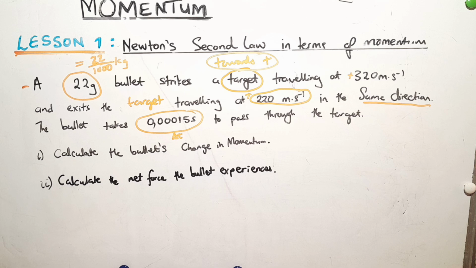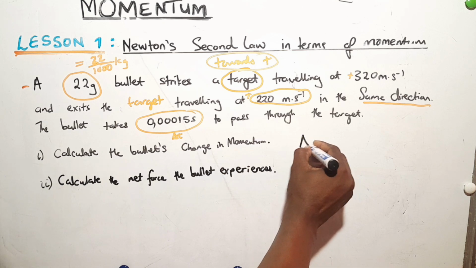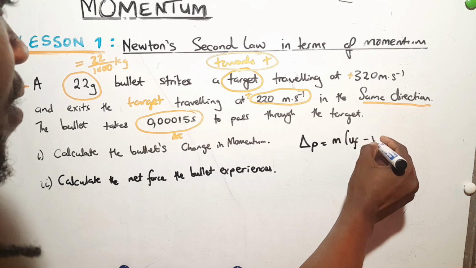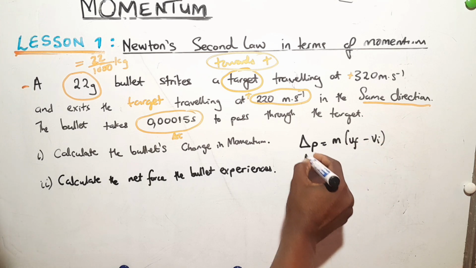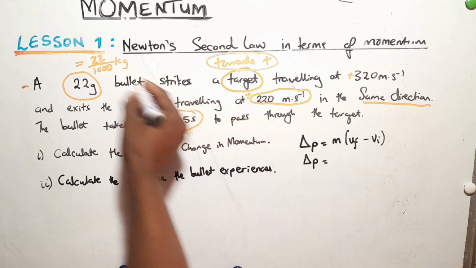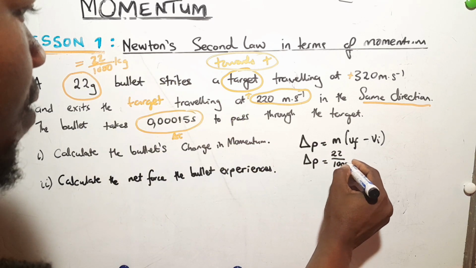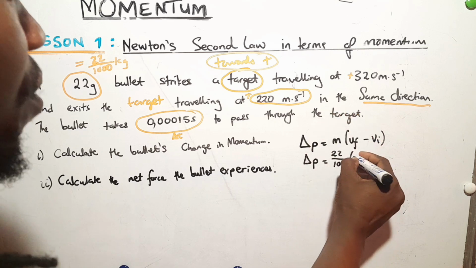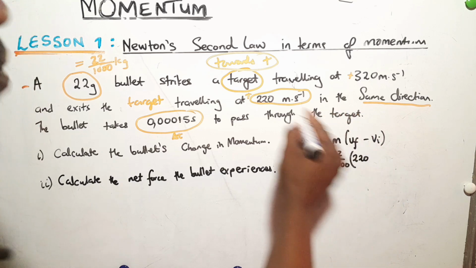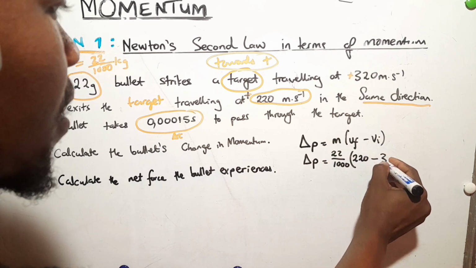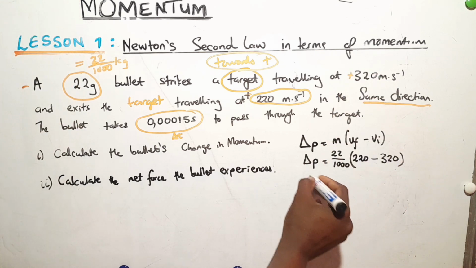So the first question says, calculate the bullet's change in momentum. This is not that hard. Change in momentum is mass times Vf minus V initial. So change in momentum is our mass, which is 22 over 1,000, multiplied by the final velocity, which is 220, and it's positive since it is still going in the same direction, minus 320, which was positive as well.